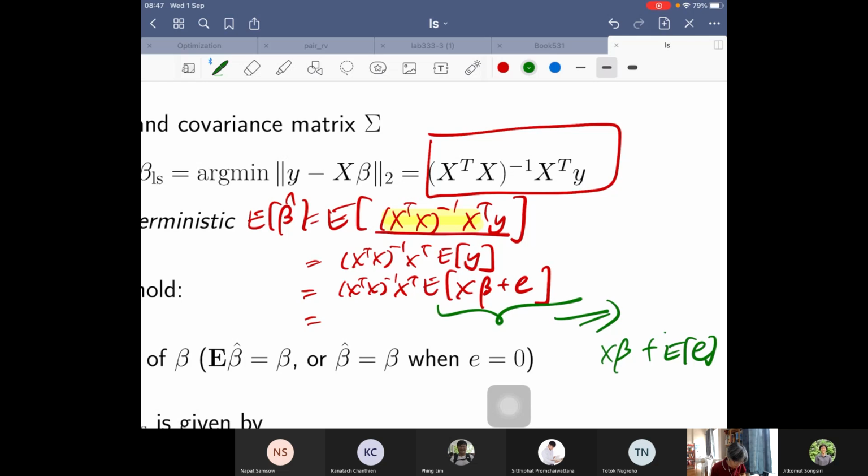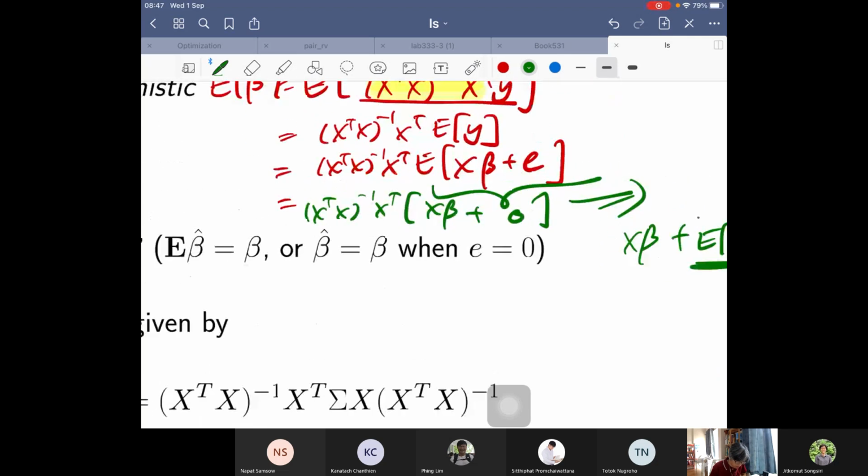Then if you multiply the whole thing, what is the expectation of E? Expectation of E is 0. Okay, too late. You're too slow.